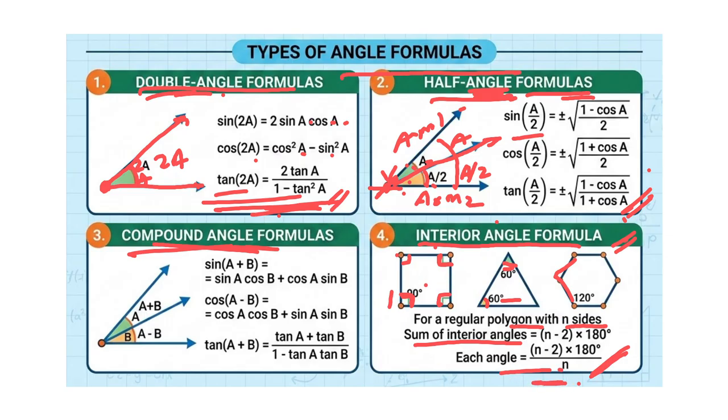Let's take an example. Let n be the number of sides of the polygon. For a square it is 1, 2, 3, 4 sides, so n is equal to 4.